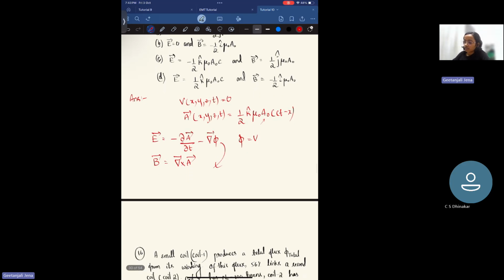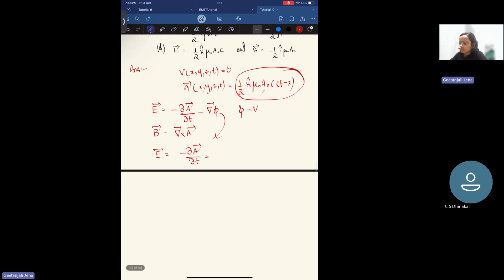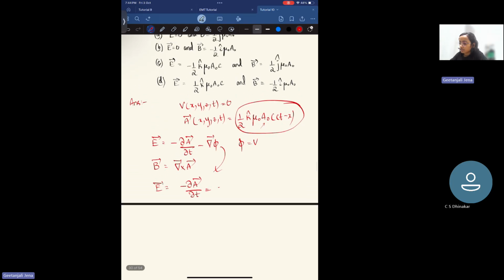That means we can write E is minus dou A by dou t. A is given, it is half k μ0 A0 (ct minus x). The time derivative will give half k μ0 A0 c.